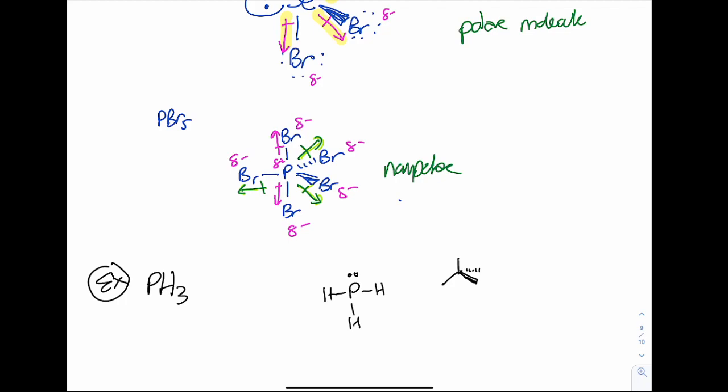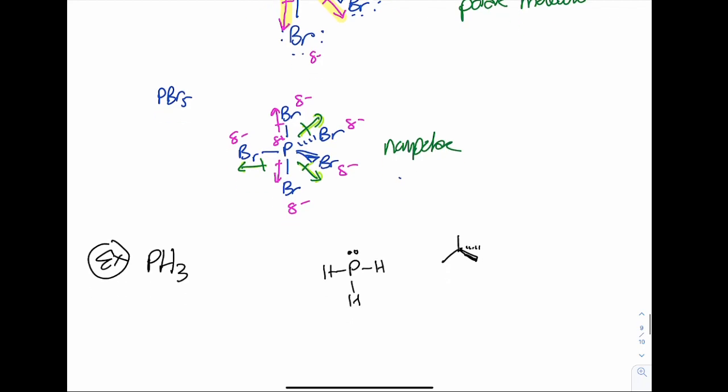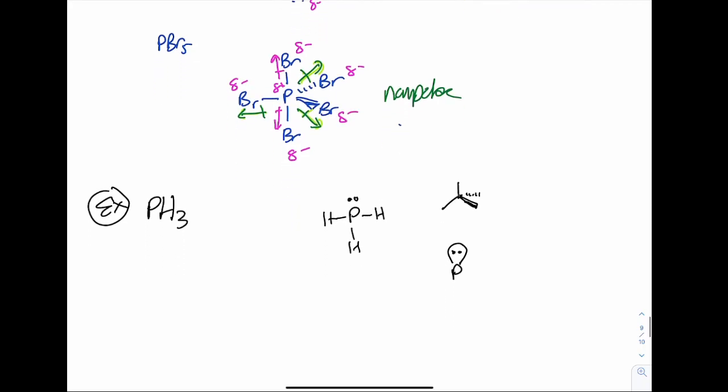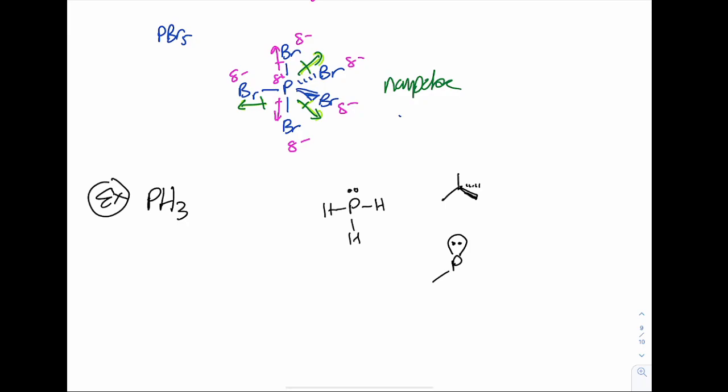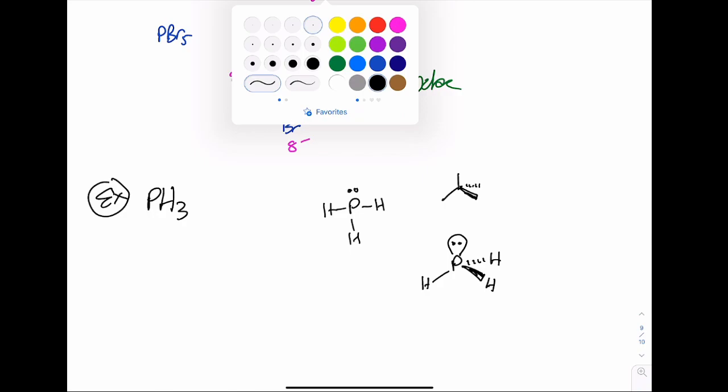So I'm going to put the lone pair on the top position. So phosphorus in the middle. I'm going to put the lone pair here. You can put it in any of those spots. And then hydrogen, hydrogen, and hydrogen.